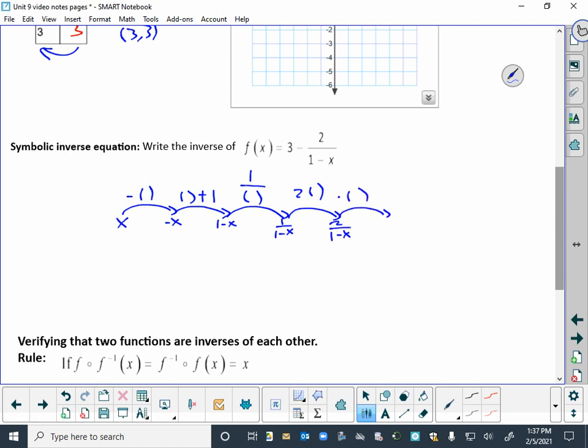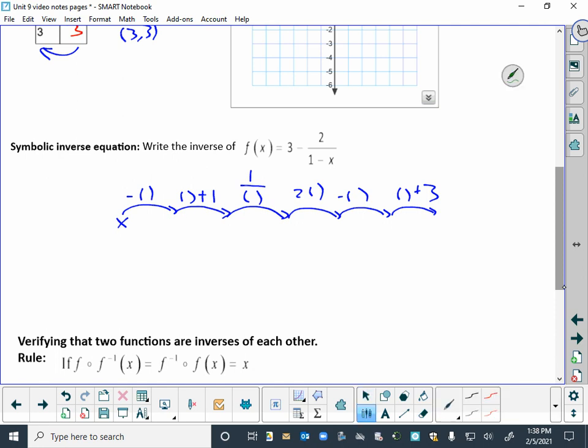And then I will change a sign. That's a negative 2 over 1 minus x, and I can add a 3 onto that. So it takes all of those arrows to build 3 minus 2 over 1 minus x. Okay? Get rid of the intermediate steps here.